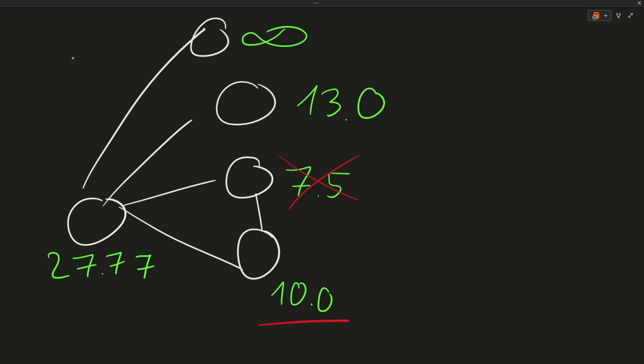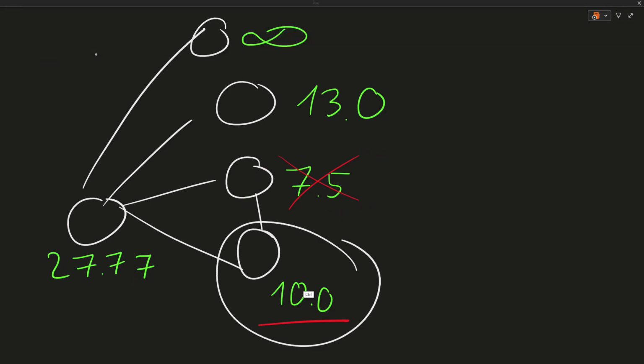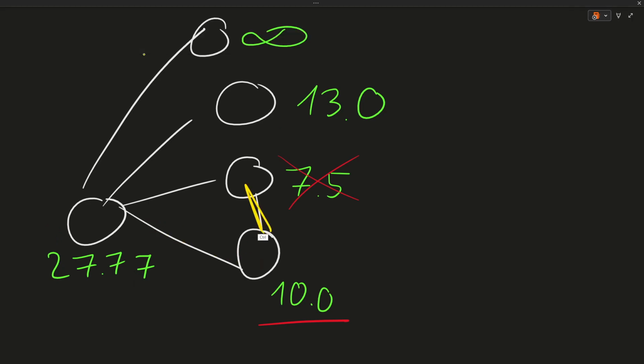We run Dijkstra starting from the target. We already processed this node. There can be some other nodes in this graph, but now we look at this one. We iterate its neighbors. 7.5 we can skip because it's smaller than me. But 27.77 we should update. 27.77 already saw this small neighbor, but now it gets one more nice edge to 10.